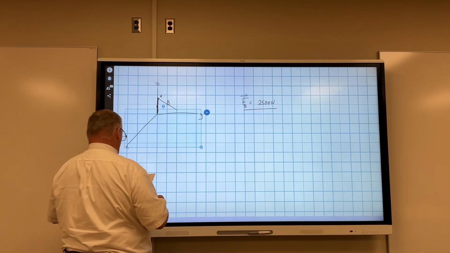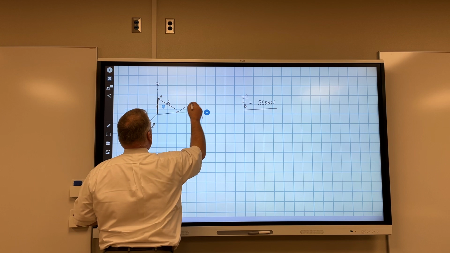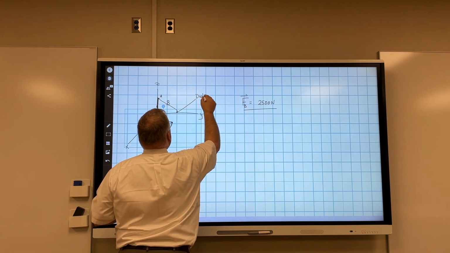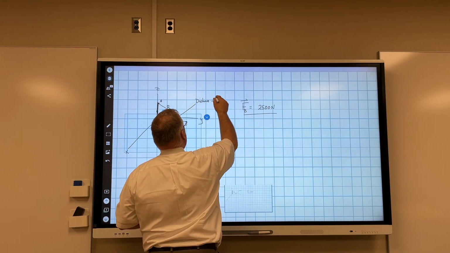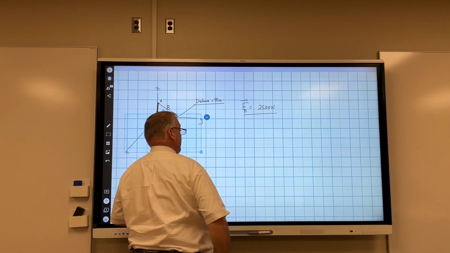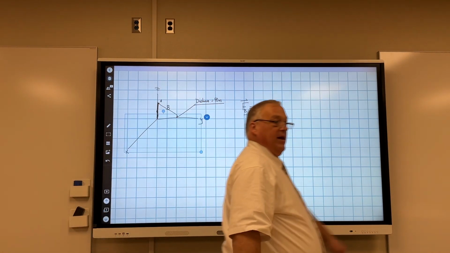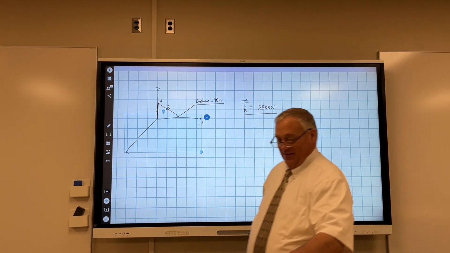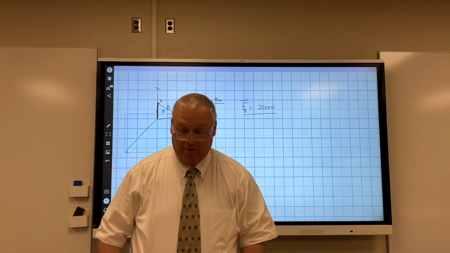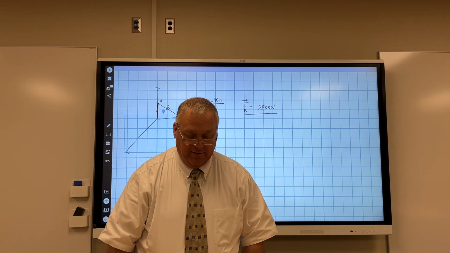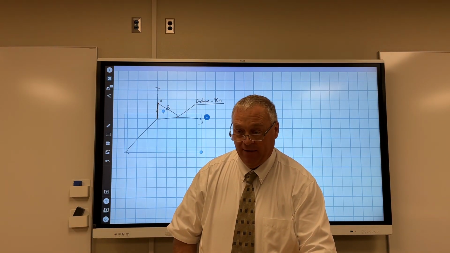Now, force B is this distance from where it's being exerted: 40 meters. So we've got our fence post. We've got our Dr. Pepper bottle out here. It's in the X and Y plane. So we get on our plane and we're out here 40 meters away from this plane.